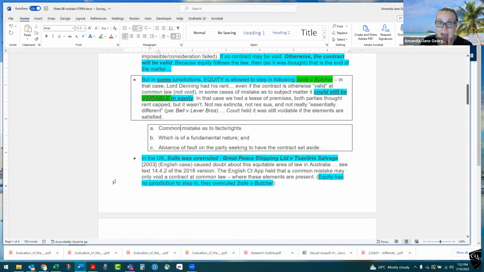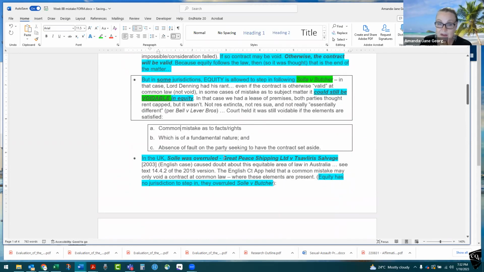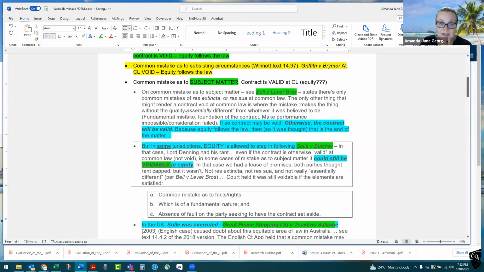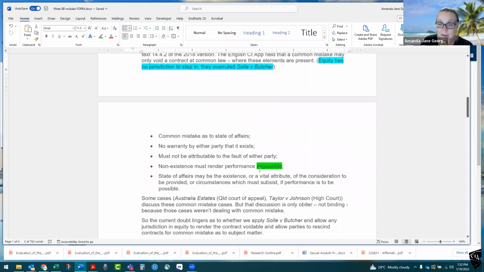Okay, they went back to Bell and Lever Brothers and they said, not only did it have to be radically different, or whatever they called it, essentially different, in order to qualify to be void, but the contract had to be impossible of performance. You couldn't actually be able to perform the contract because of this mistake.